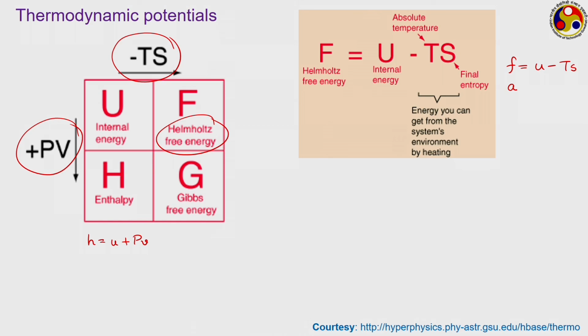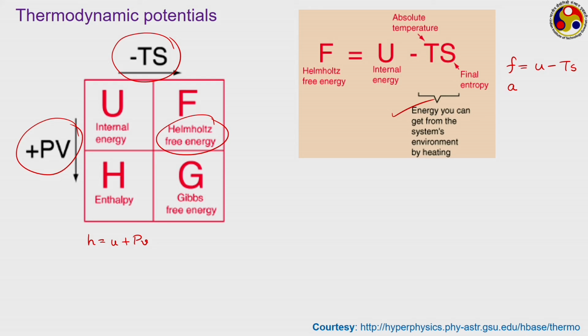Now, Helmholtz free energy means from the internal energy part, that is the amount of energy needed to create the system, you have to subtract this Ts portion, and this Ts can be viewed as the energy that we get from the system's environment by heating. That is, once the system is created, because of its thermal non-equilibrium with the surrounding, some heat can flow from the surrounding to the system to get the thermal equilibrium back.